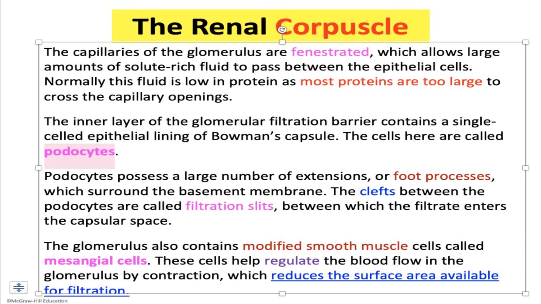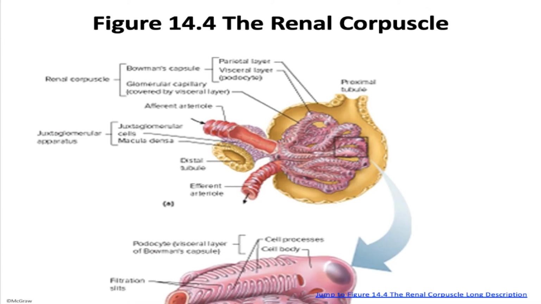In addition, the arterioles feeding the capillaries of the glomerulus are lined with modified smooth muscle cells called mesangial cells, and these, as we'll see shortly, regulate blood pressure and thus can influence the production of filtrate. The top half of figure 14.4 demonstrates this.